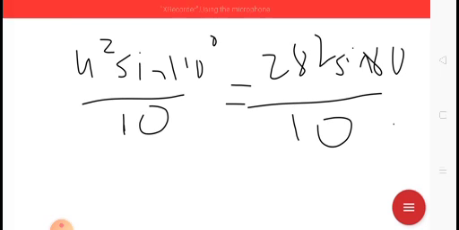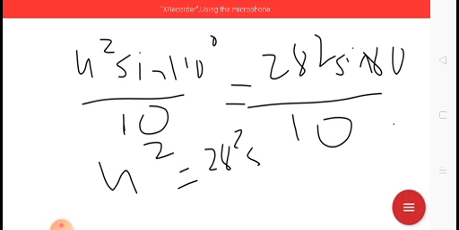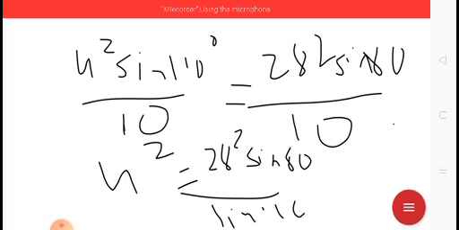You will know that u square will be equal to 28 square sine 80 over sine 110. Once you have this, you may be able to find the greatest height attained by the second stone by directly applying the equation.